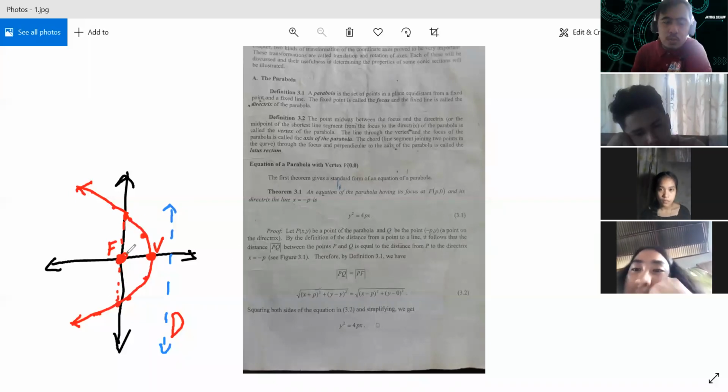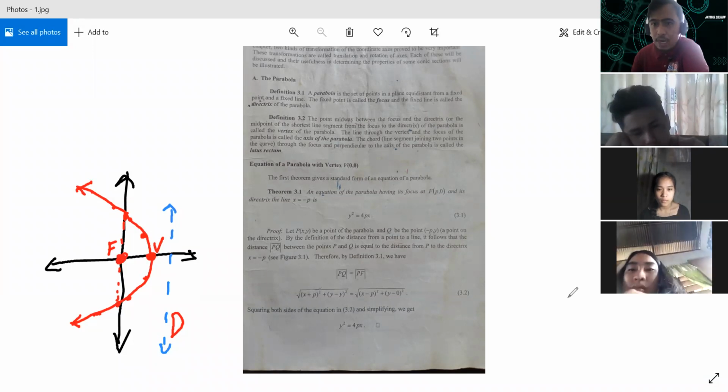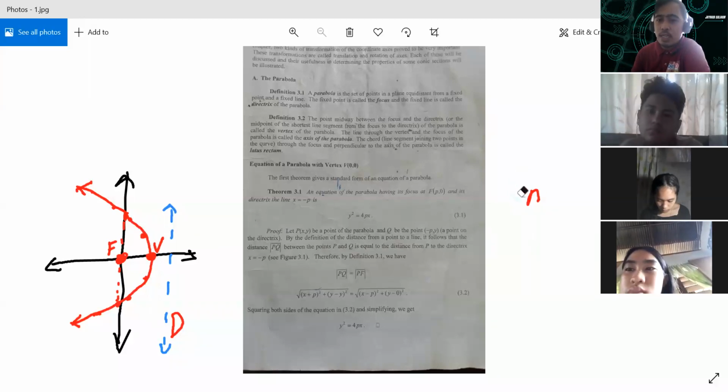Again, that is called the latus rectum, a line that connects 2 points on the curve and also passes through your focus. So the very important thing here that you need to remember is to know the vertex, the focus, the directrix, and the latus rectum, especially the length of the latus rectum, denoted by LLR, because you may be using that if you are asked to find the equation of your parabola.